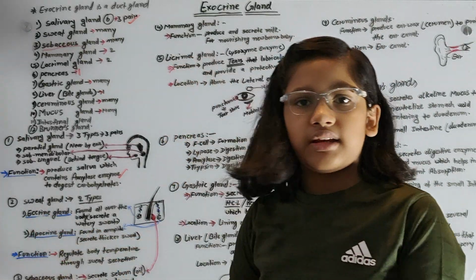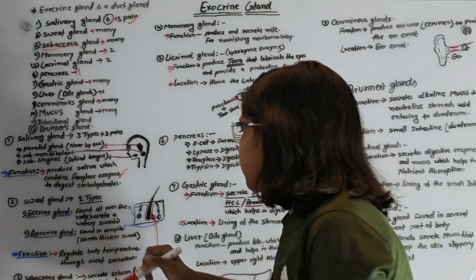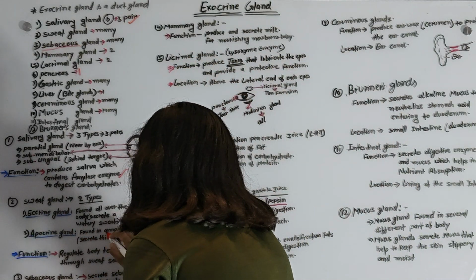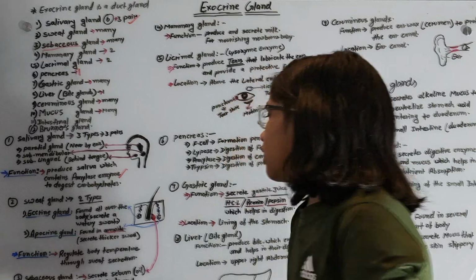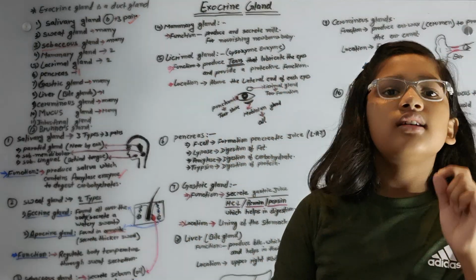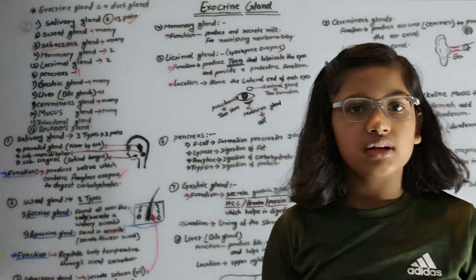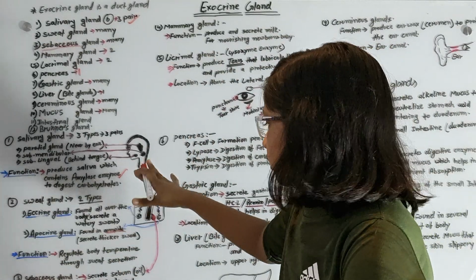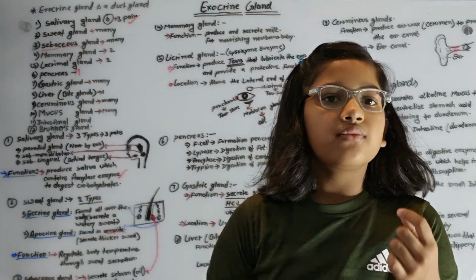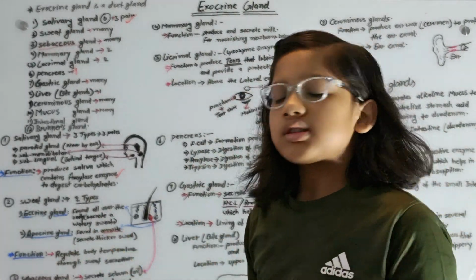Now, apocrine gland. Apocrine gland is found in the armpits. This secretes thick sweat. Eccrine secretes watery sweat which does not smell, and apocrine secretes thick sweat which does smell.